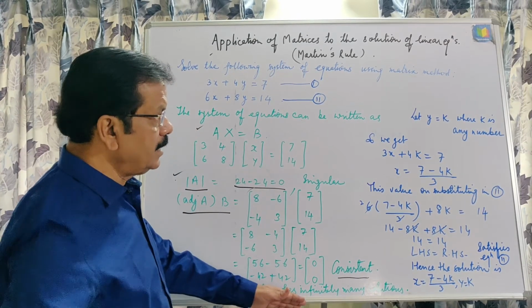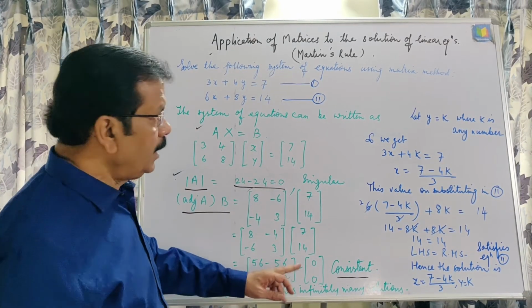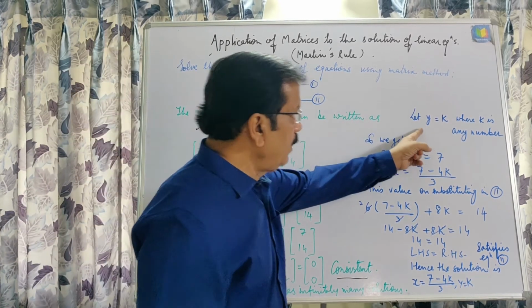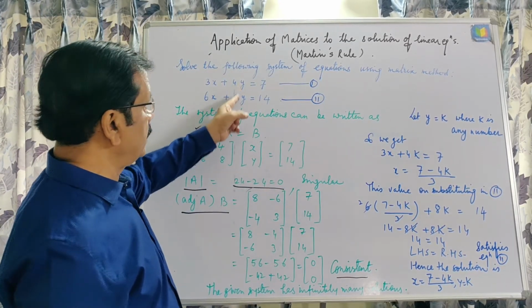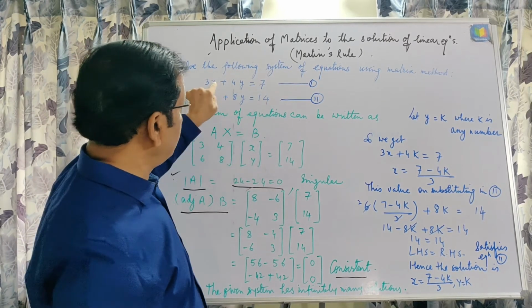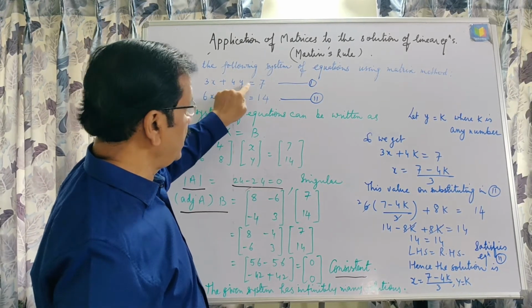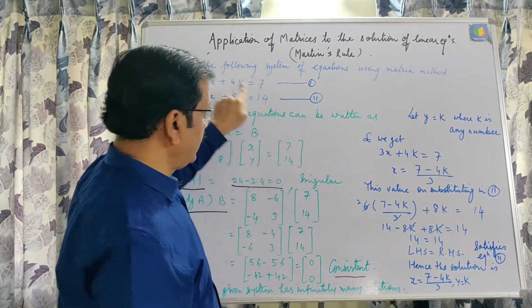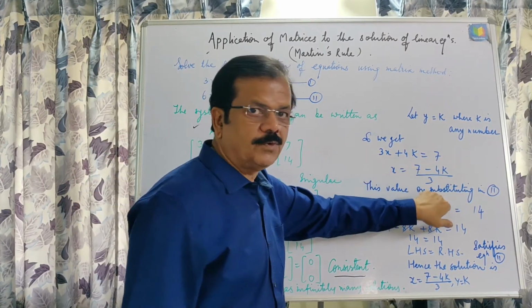How can this have infinitely many solutions? Let y is equal to k, where k is any constant, any number. After substituting in 3x plus 4k is equal to 7, we are getting x is equal to 7 minus 4k upon 3.